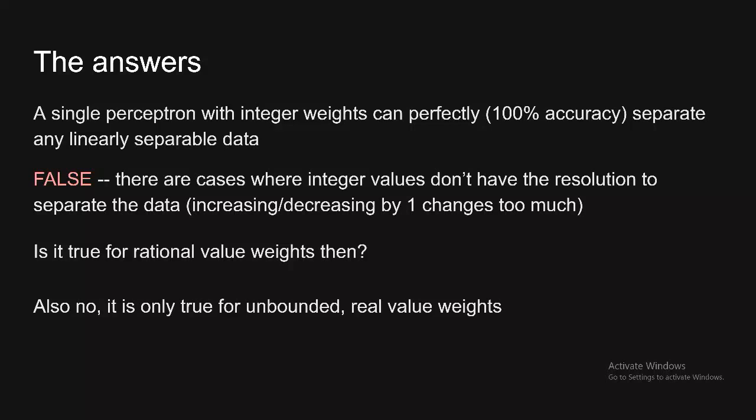The real secret here is that for integer data, we need integer weights. For rational data, we need rational weights. And for unbounded real value inputs, we need those kinds of weights. You can go ahead and try to prove this to yourself at home, but you can just accept it as a theoretical result if you don't want to.